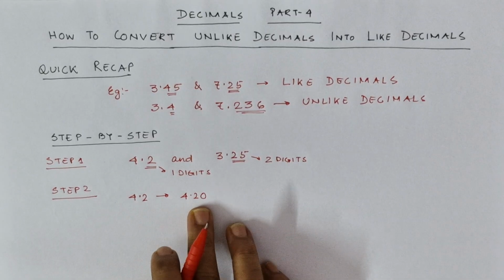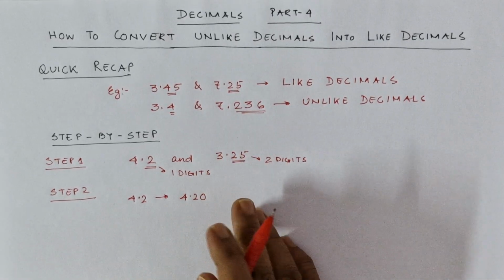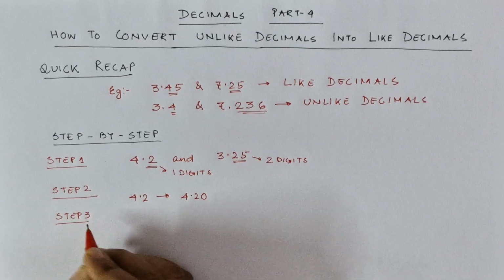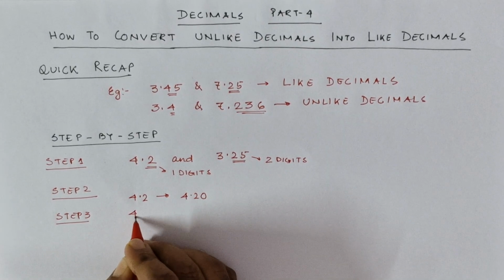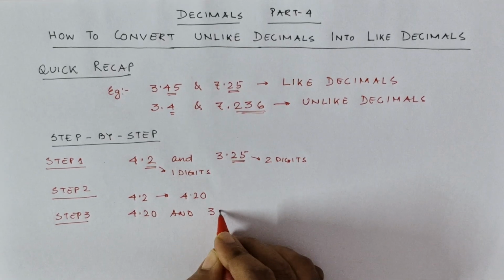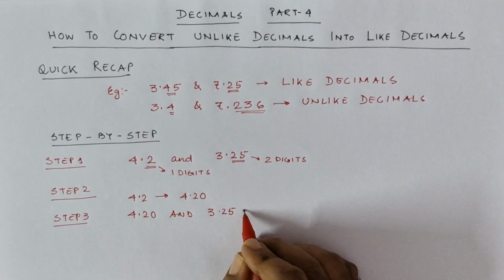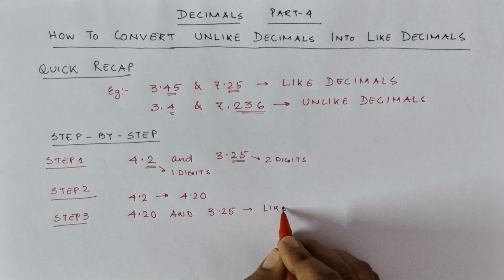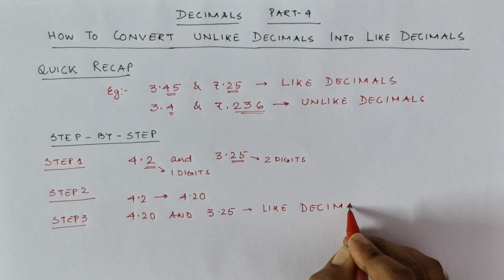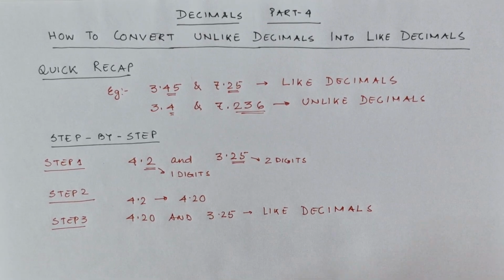Step 3: now 4.20 and 3.25 are like decimals. See, very simple. It is that simple. Got it?